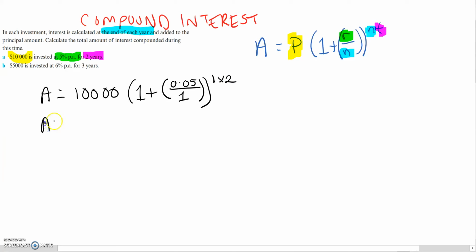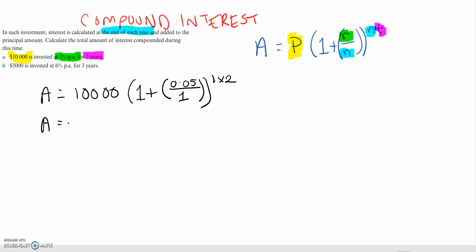Okay, so if we were to plug this through the calculator, and you'll have to just trust that I'm doing this on the phone at the moment, we basically plug it through in the exact same manner. So we take our 10,000, take a bracket, 1 plus bracket 0.05, divided by 1, close the bracket, and then the little power symbol.